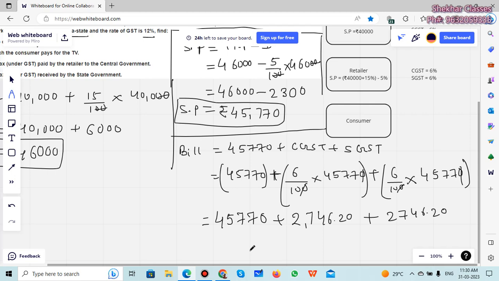to the cost price, sorry, the selling price, 45,770. So it will total come to 51,262 rupees and 40 paise.